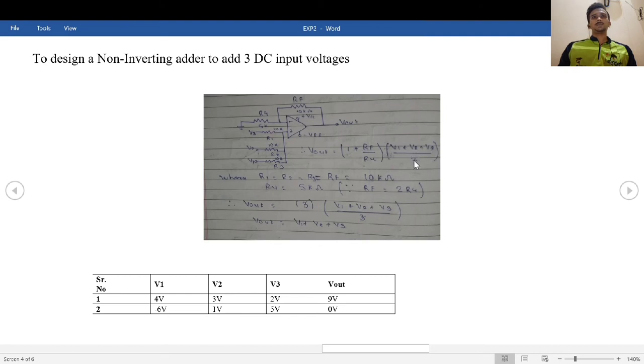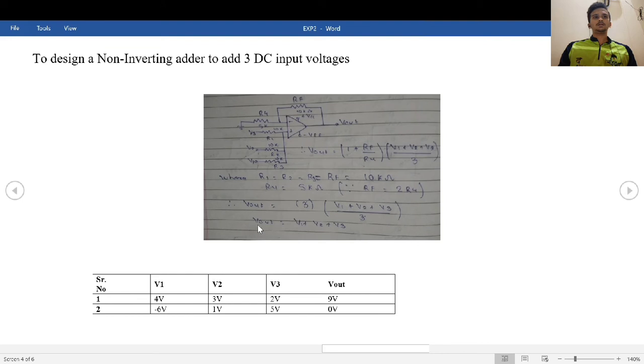So here we will take R1 is equal to R2 is equal to R3 is equal to Rf, 10 kilo ohm, and R4 we will take 5 kilo, as our Rf should be greater than 2 times R4.